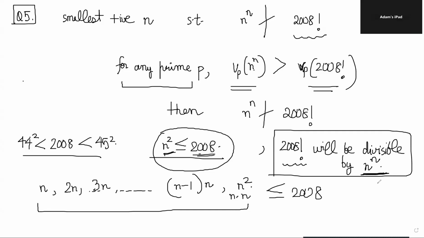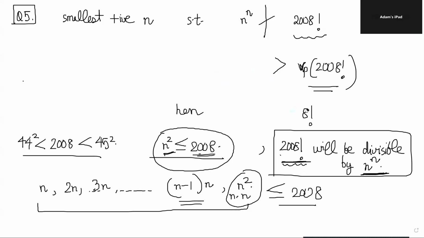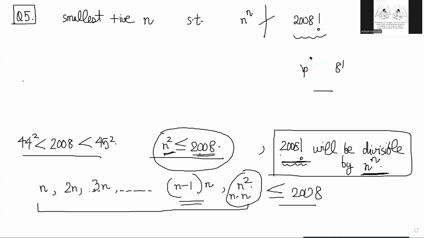So all of them appear somewhere in the list of numbers from 1 to 2008, so 2008 factorial has them as factors.